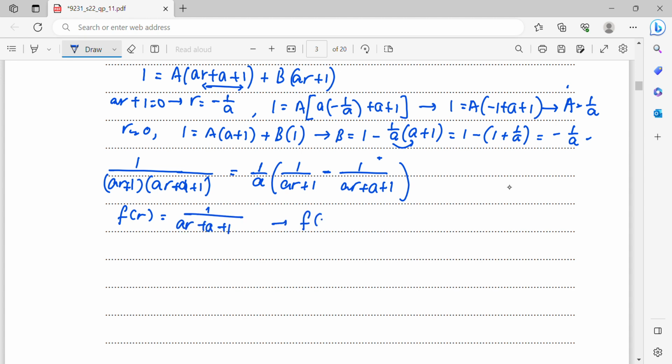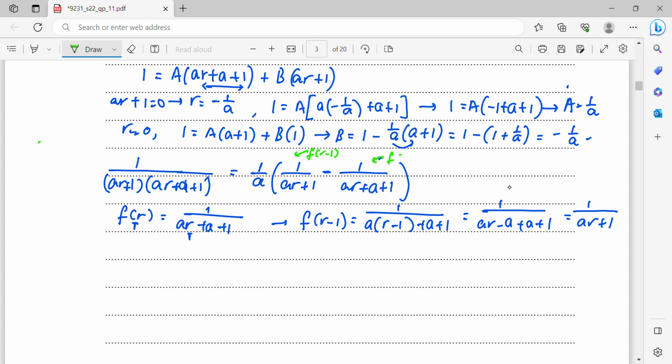Then my f(r minus 1) is going to replace the r by r minus 1 here, so it will be a times (r minus 1) plus a plus 1. When I simplify, I will get ar minus a plus a plus 1, which is 1 over (ar plus 1). This is my f(r minus 1), and this is my f(r).